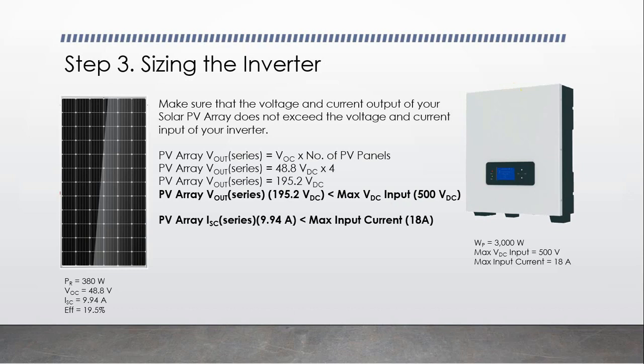That means for solar panels connected in series, with each having a short circuit current of 9.94 amps, the current output of our solar array will still be 9.94 amperes. This is still lower than the maximum input current that our inverter is rated to, which is 18 amperes. So this inverter is still very much sufficient.